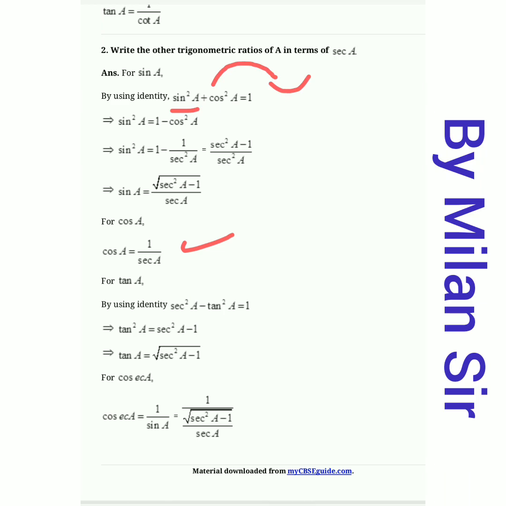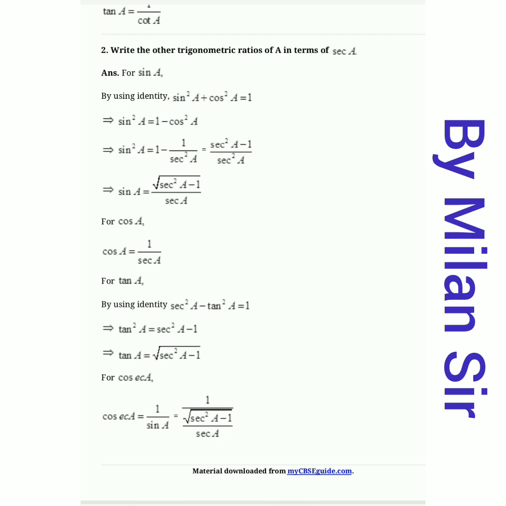Right hand side already has 1, and plus cos square A becomes minus cos square A. So sin square A is equal to 1 minus cos square A. Then put the value of cos A. Cos A is equal to 1 upon sec A, so cos square A is equal to 1 upon sec square A. Now take LCM. It is sec square A multiplied with 1, so sec square A minus 1 upon our LCM, which is sec square A.